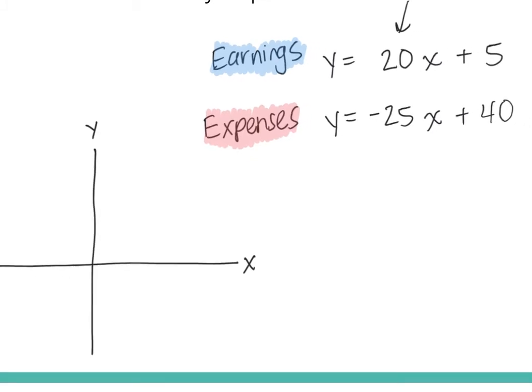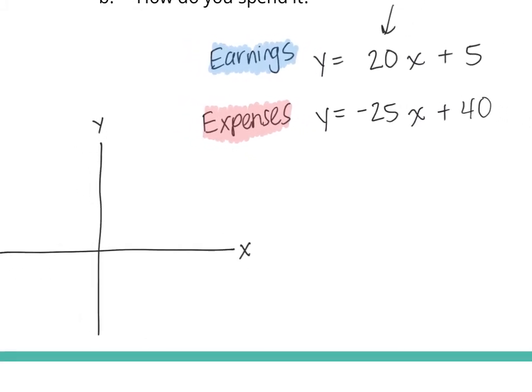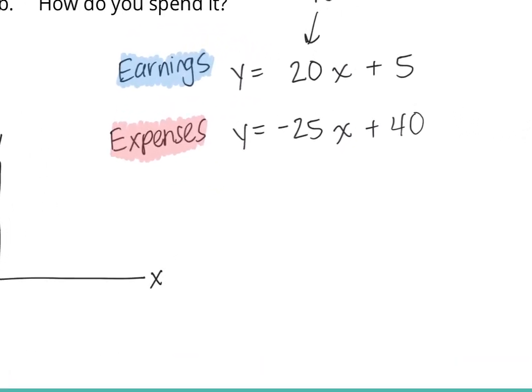So, let's do the red graph first. What do we know about the red graph? Expenses. Roy. Slope is negative 35. Sorry, 25. Yep. Y-intercept is 40.